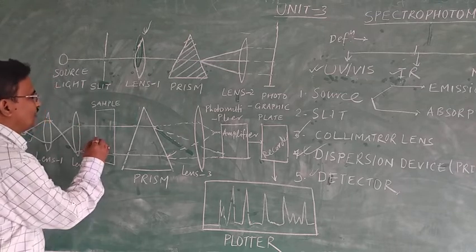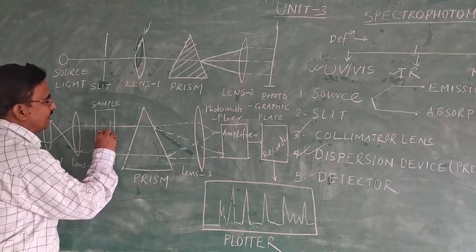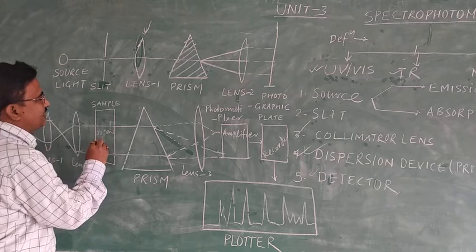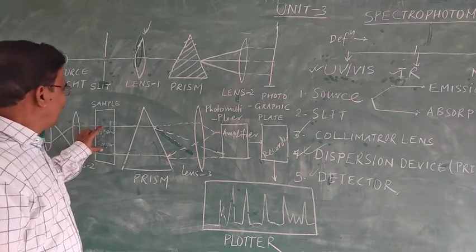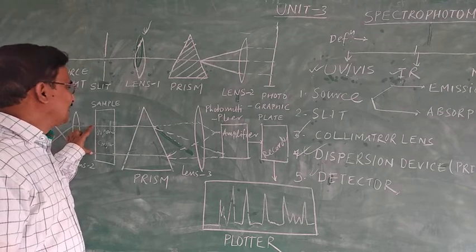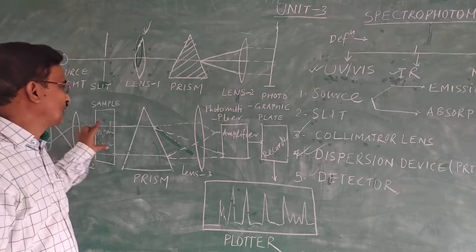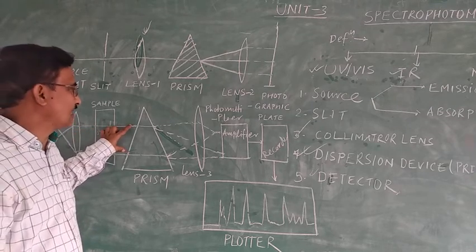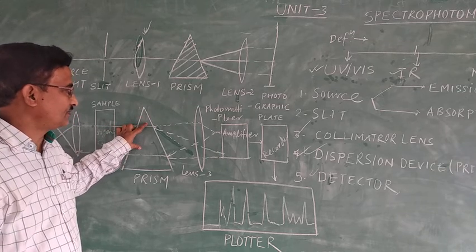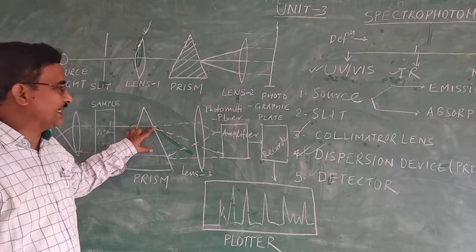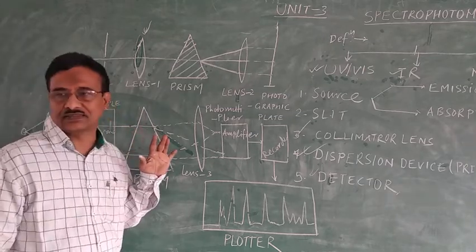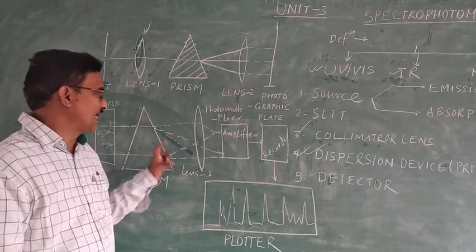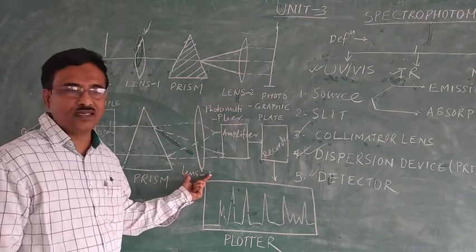Here you can put any organic compound. Then this light is passed through the compound, and the light is separated into four or more parts and falls on lens number 3.